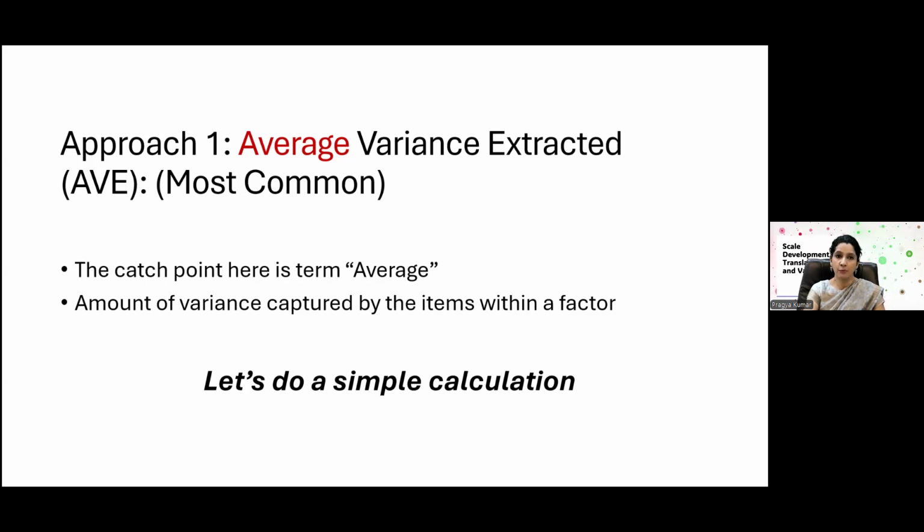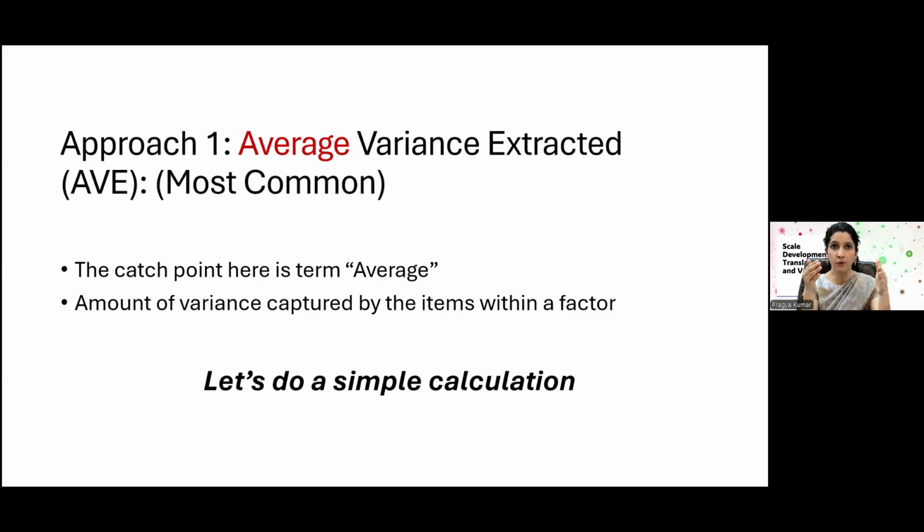The catch point here is the average. So what is this average? If you can recall the factor structure, there are various loadings of each item on that factor. How do we calculate variance? If you square that particular loading, it will be the variance.